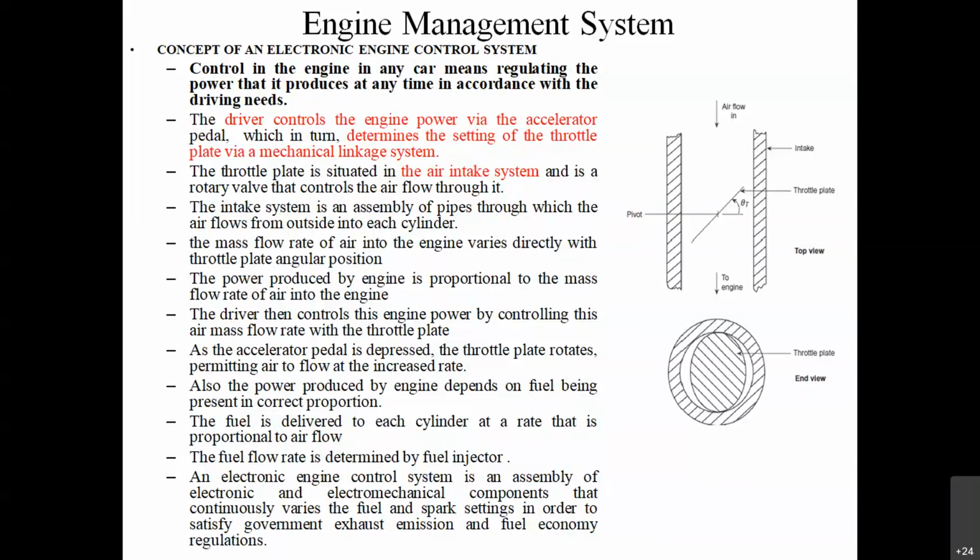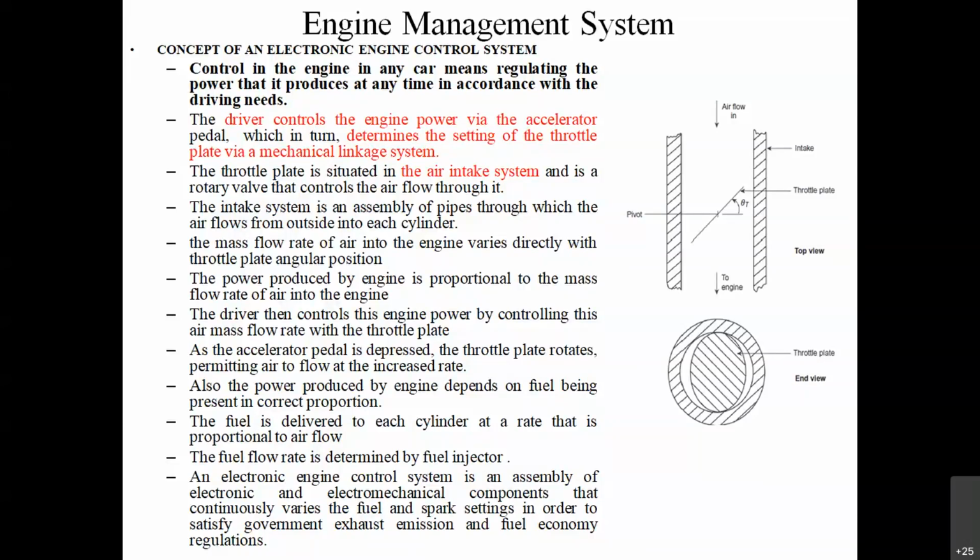Based on the throttle plate position, the amount of air will be taken inside the intake manifold. Using the air monitoring system, the volume of air will be measured, and in proportion to that, the fuel metering system will enter the fuel.